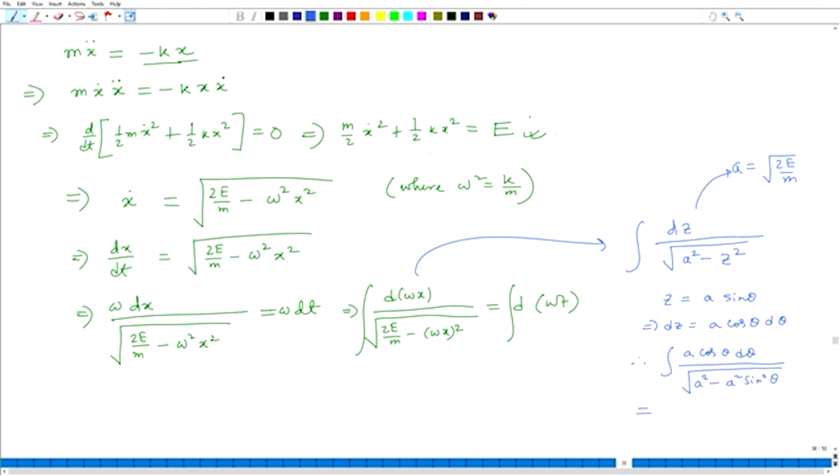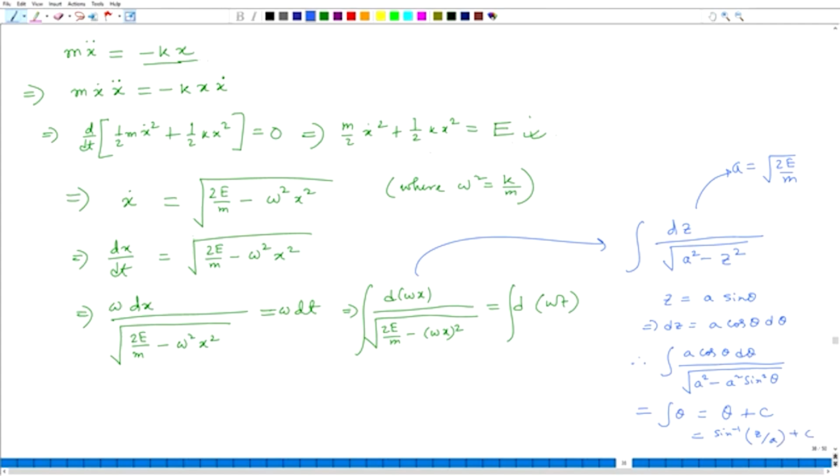This is a square cos square theta, and under root it will be a cos theta. So, a cos theta and a cos theta will go away, and you will have integration of d theta, which is theta plus c. Now, that theta is nothing but sine inverse, or arc sine, of z by a. Okay. So, plus some constant.